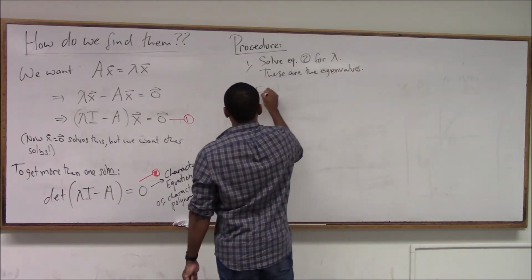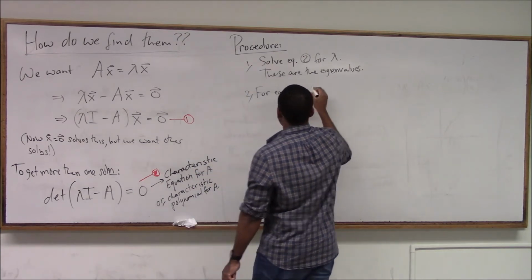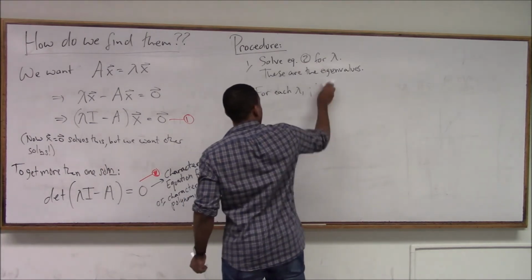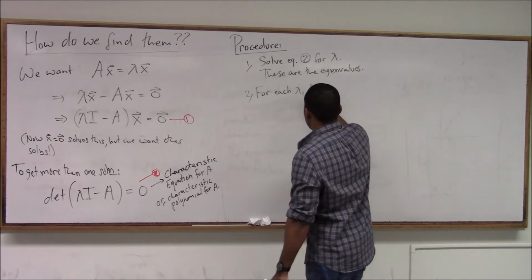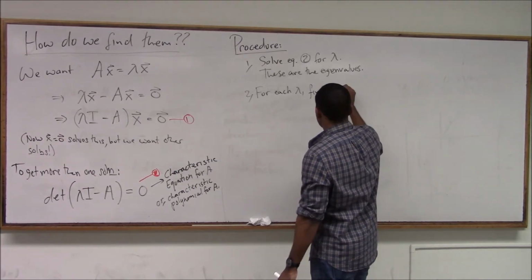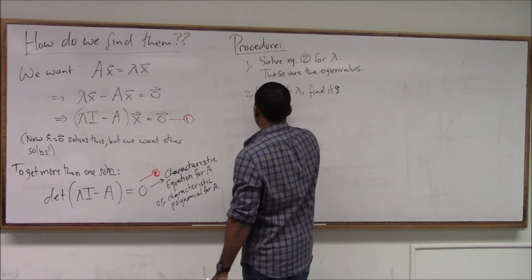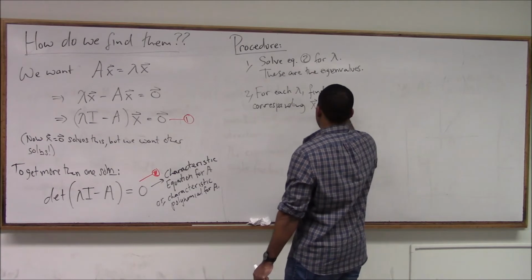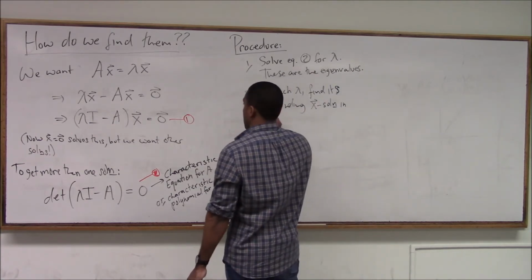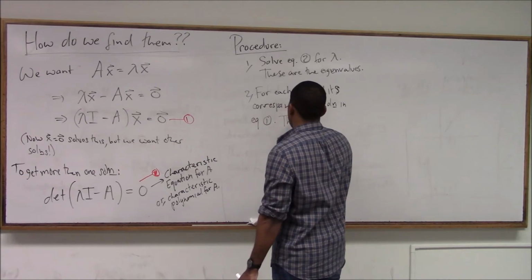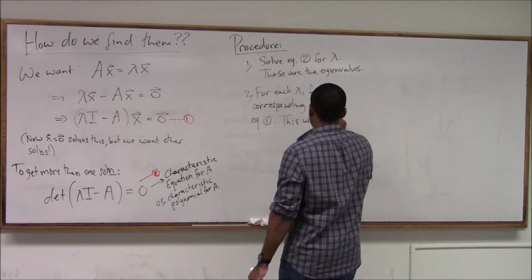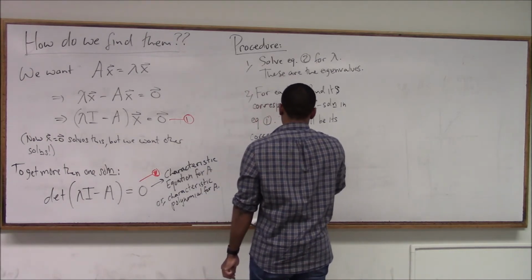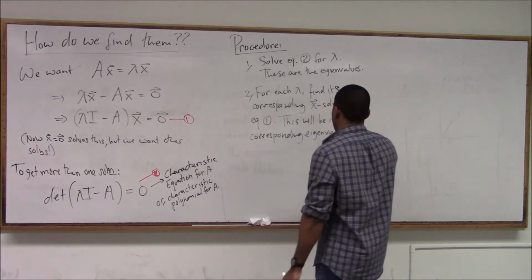For each lambda, find its corresponding x solution in equation 1. This will be its corresponding eigenvector.